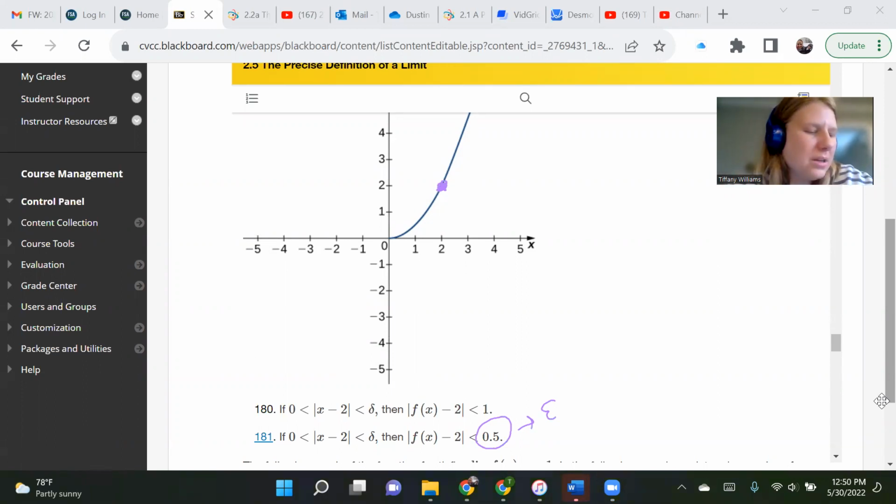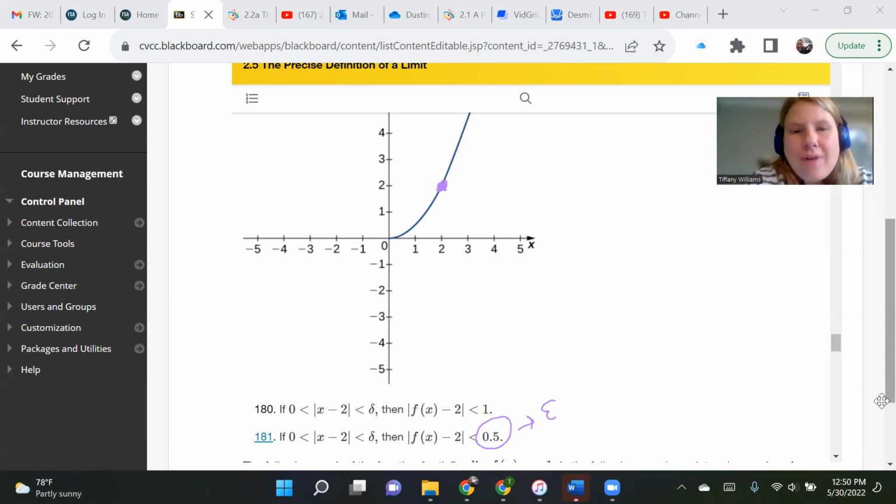So what I want to do is go 0.5 on either side of 2. And this is in terms of the x values. So I'm going to take my, or excuse me, no, this is in terms of the y values. I am so sorry. This is in terms of the y values. So I know I've got 2 here, and I want to go 0.5 in either direction from the 2 on the y-axis.